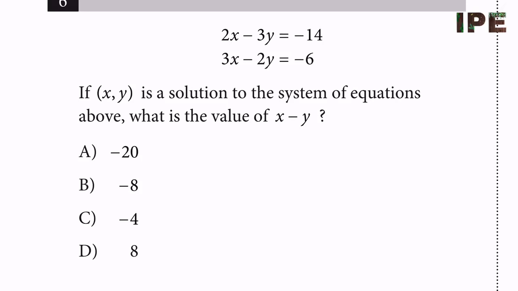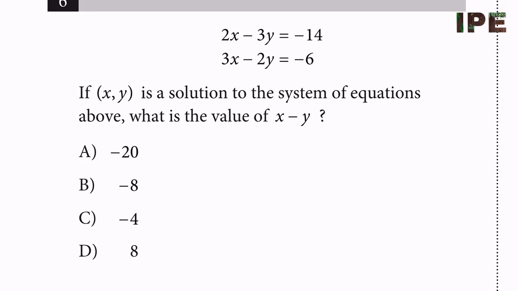If x, y is a solution to the system of equations above, what is the value of x minus y? x minus y. Find x and y and then find x minus y. Okay, how can you do that? Substitution is annoying in this case. Elimination is better. Or I can explain different ways.